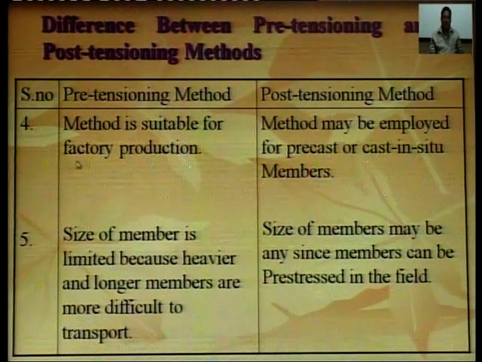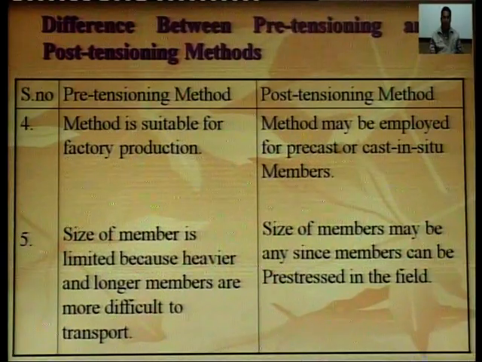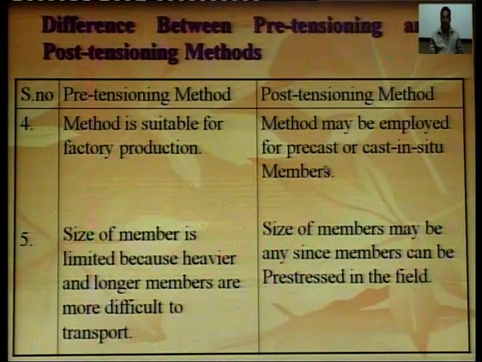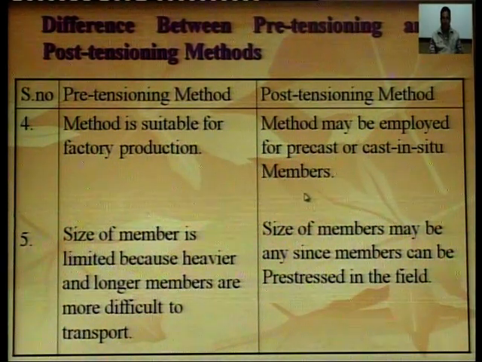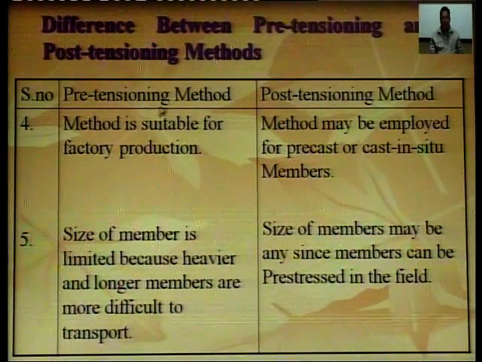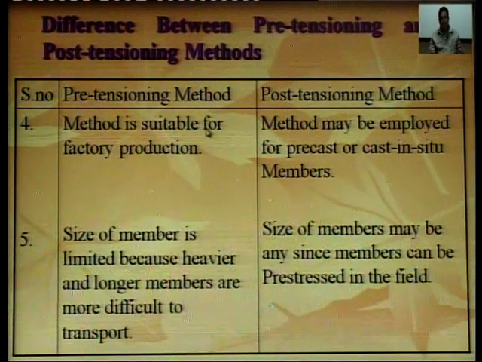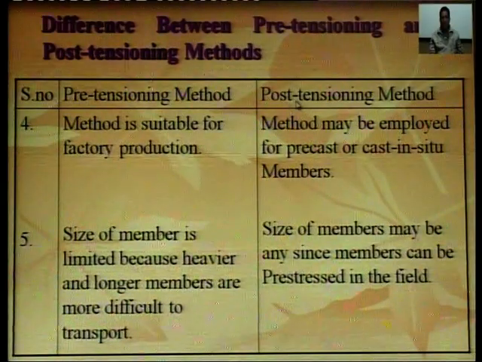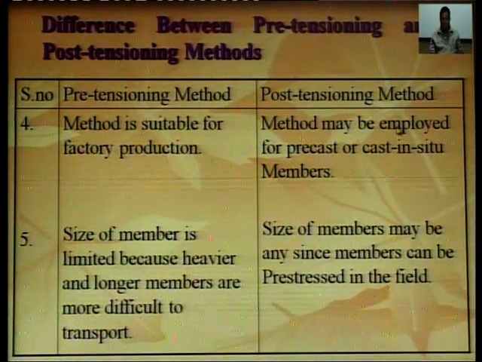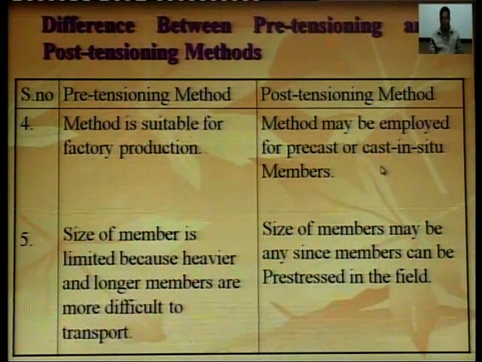The post-tensioning method is suitable for factory. The method may be employed for precast or cast in situ members. So, the pre-tensioning method is suitable only at a factory, whereas the post-tensioning method is suitable in a factory as well as at site.